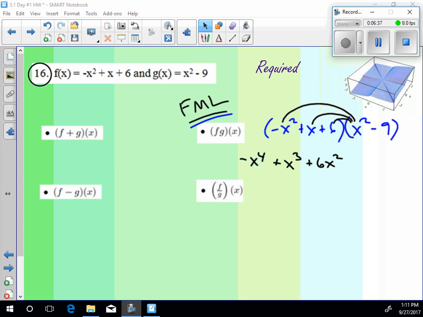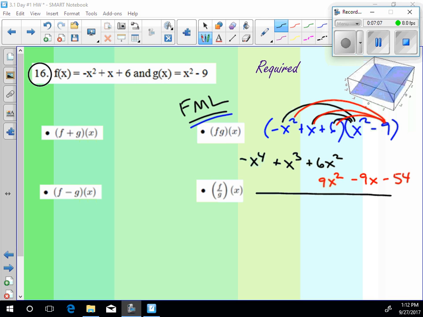I am going to do first, middle, last again, with a negative 9. I'm going to do this in a special way that I like. You don't have to do it this way, but I'll get a 9x squared. I put that there, so I'm going to add like terms. And then I'll get a negative 9x and a negative 54. 9 times 9 times 54.